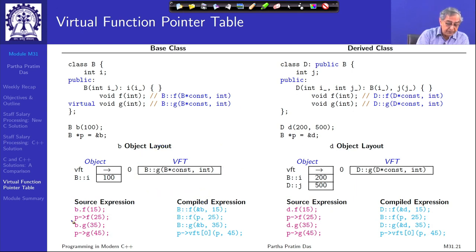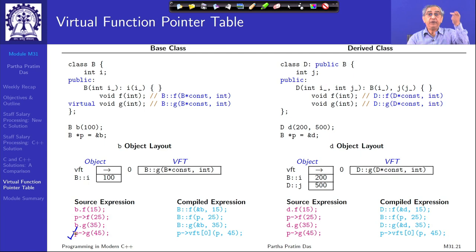Now, what happens for g, which is a virtual function? If I do b dot g, I know it is a static time invocation, it is a static binding. So, it will still invoke g with the address of b, right. No difference. Up to this point there is no difference, but what happens if I do p pointer g?